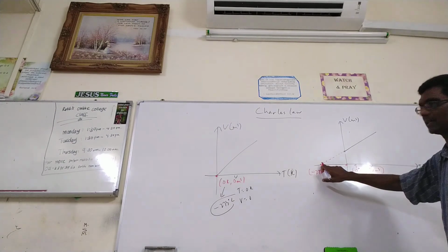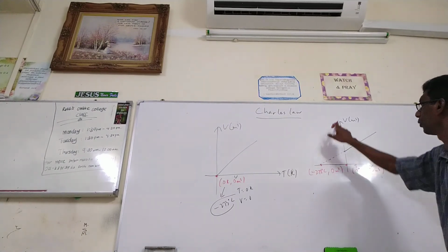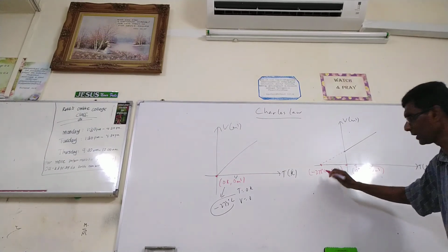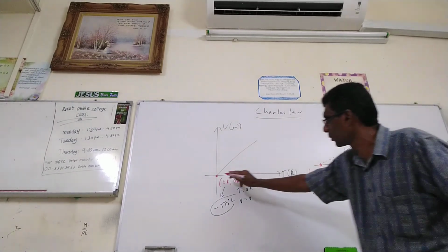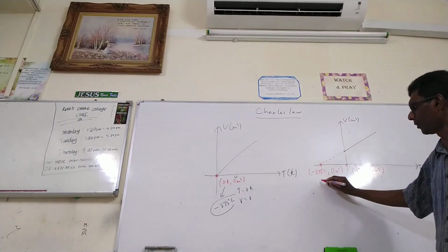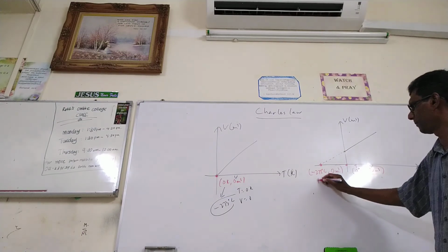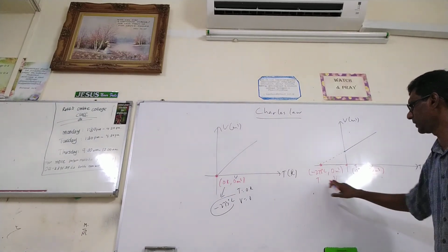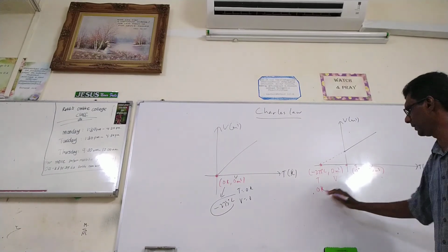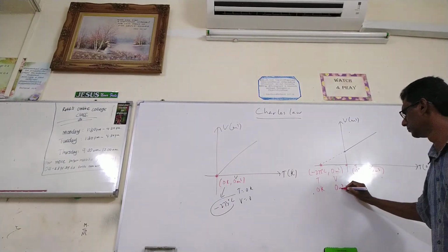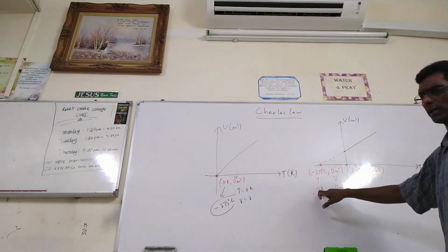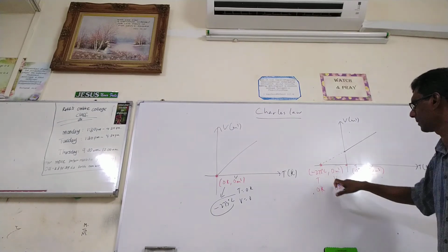This is the x-intercept, where y is 0. The y represents volume, so the volume is 0. So this point is the same point as the one before: temperature 0 Kelvin, volume 0 meter cube. Negative 273 is equal to 0 Kelvin, and at 0 Kelvin the volume becomes 0.